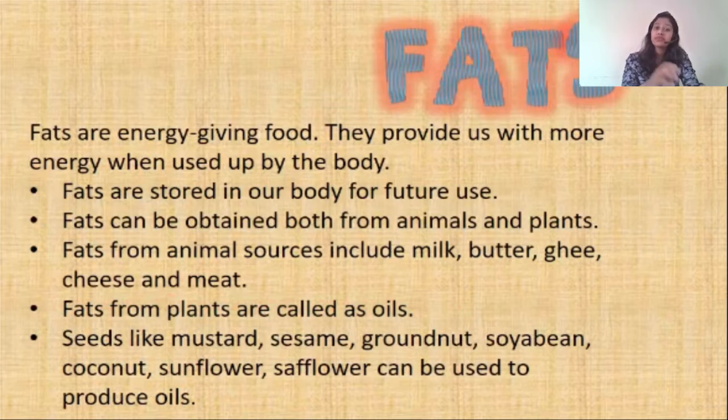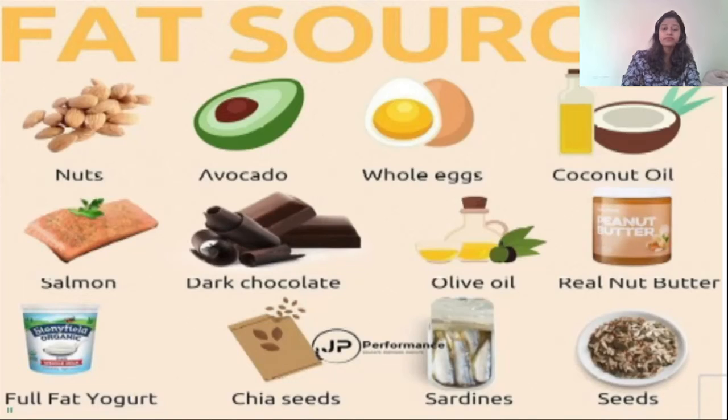We use different oils while cooking our food, like coconut oil, mustard oil, sunflower oil, olive oil, so many kinds of oil. So these are the sources of fats. And seeds contain plenty of good fats, like sesame seed, mustard seed, groundnut, soya bean, sunflower seed, coconut. So these contain plenty of fats.